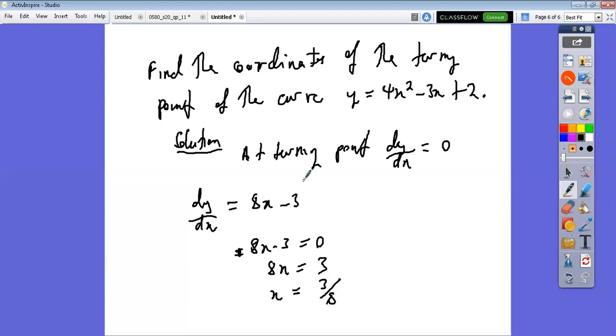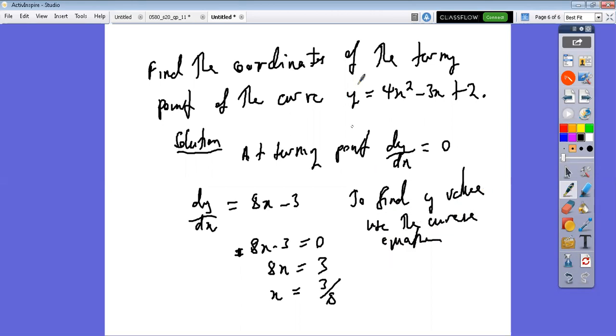That's your x coordinate. Now, if my x coordinate is this, I can find the y value straight away. To find the y value, use the curve equation. So y is equal to 4, x squared means the value of x times itself, so 3 over 8 squared, minus 3 brackets 3 over 8, plus 2.